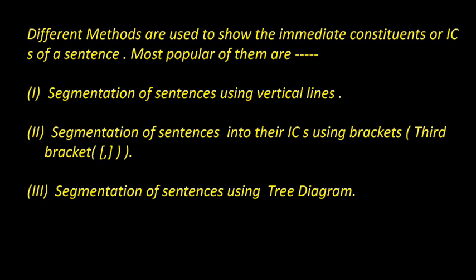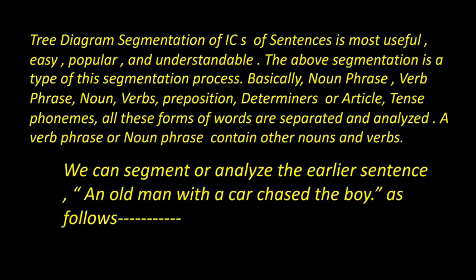Tree diagram is most popular and easy, and we can easily understand the analysis of a sentence, and we can easily study particular sentences. Tree diagram segmentation of ICs of sentences is most useful, easy, popular, and understandable.